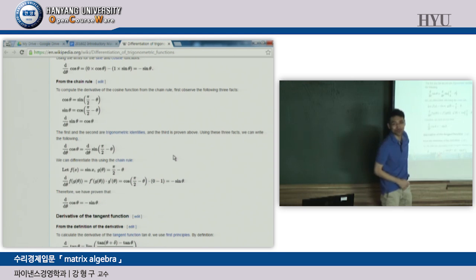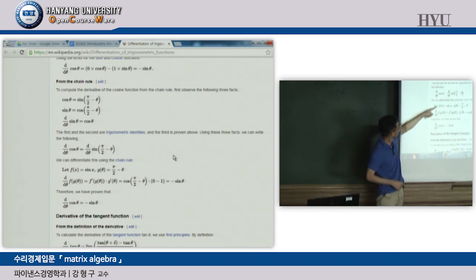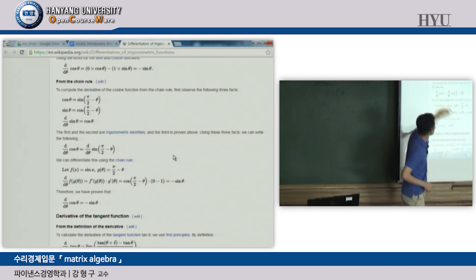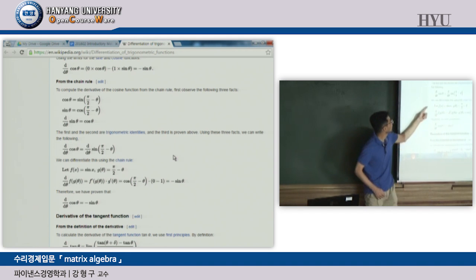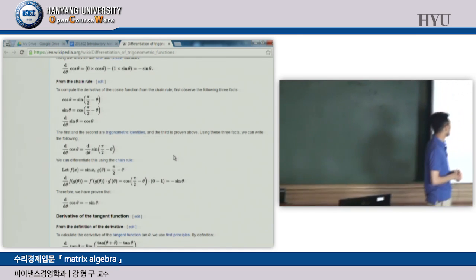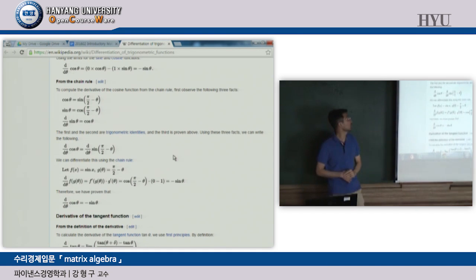This is the easiest way to prove that. So the derivative of cosine is minus sine theta. This is doable, not difficult. Although it is not on the midterm exam, it is still doable.